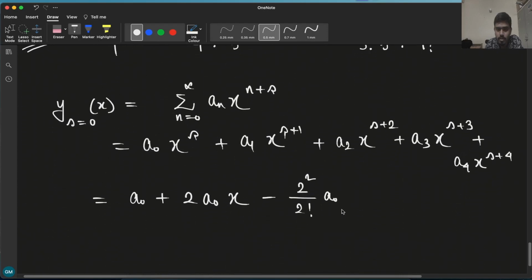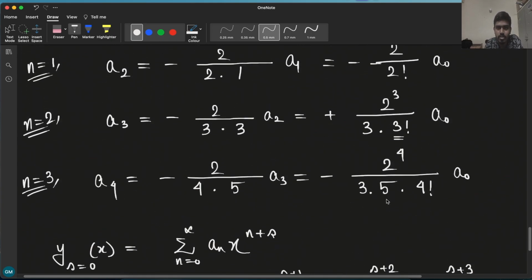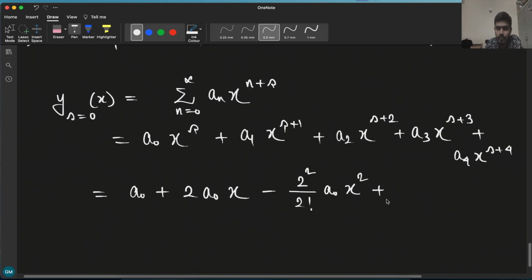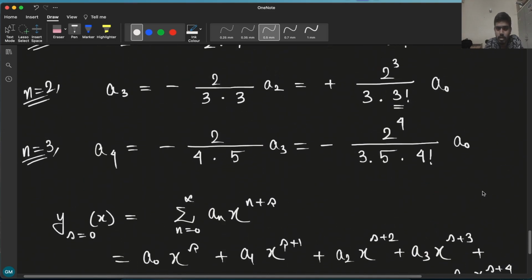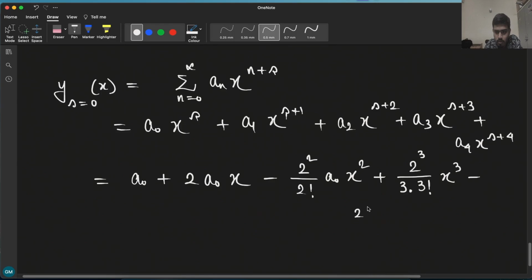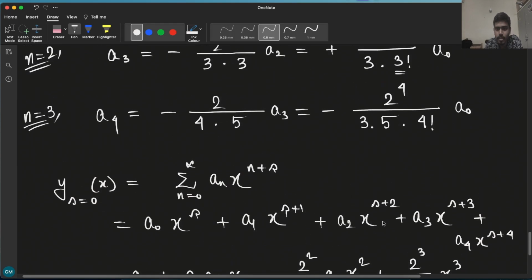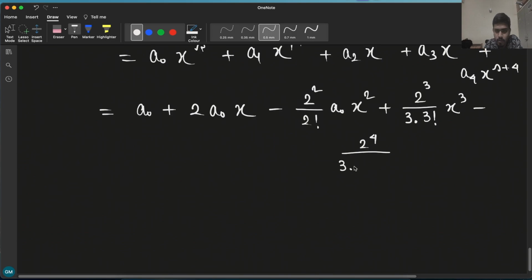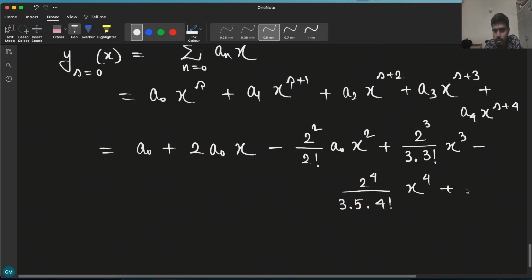Yeah, x square, s is 0, plus a3 is 2 cube divided by 3 times 3 factorial, so 2 cube divided by 3 times 3 factorial times x cube minus 2 to the power 4 divided by 3 times 5 times 4 factorial x to the power 4, right, plus dot dot dot all the other terms.